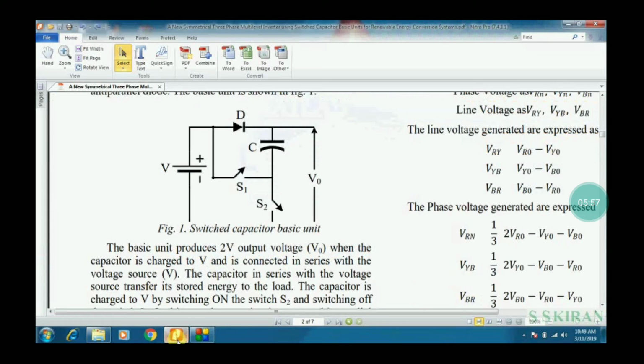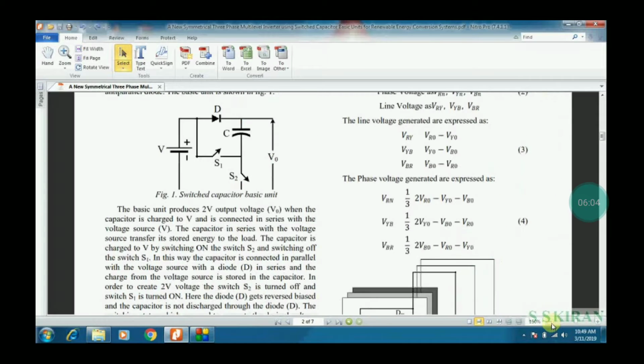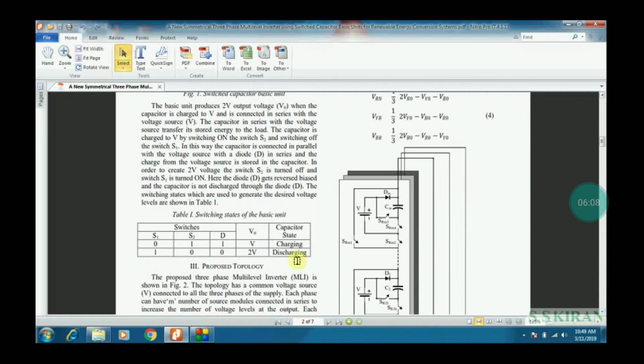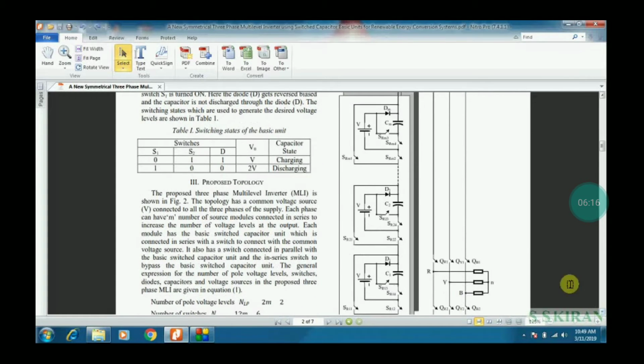Just come back to the base paper. In this base paper you have observed the proposed system. This is the tabular form. In the switched capacitor you have observed two switches, S1 and S2, and the capacitor is used for charging and discharging purposes.